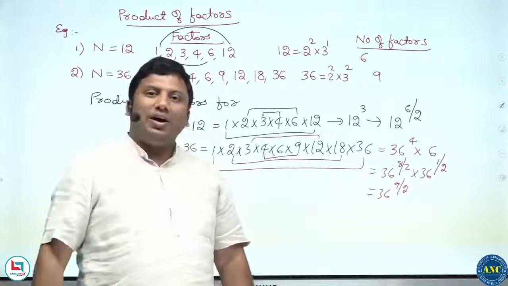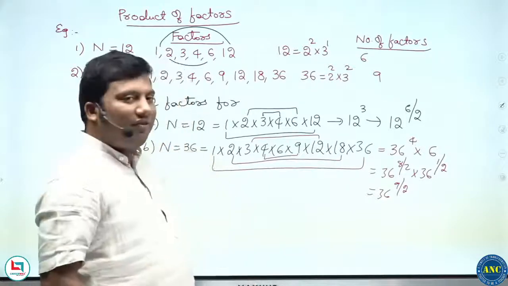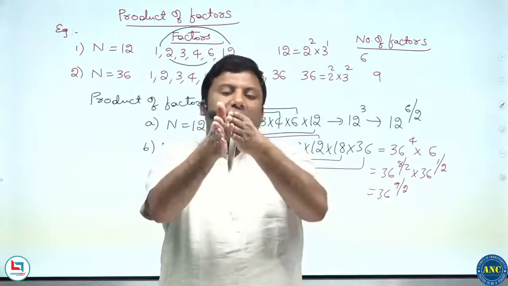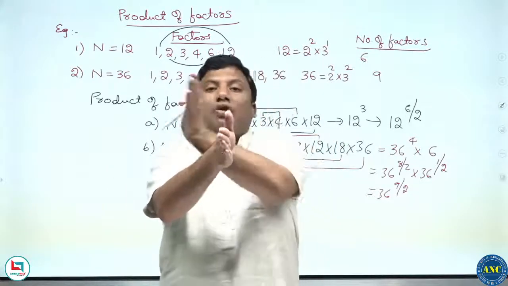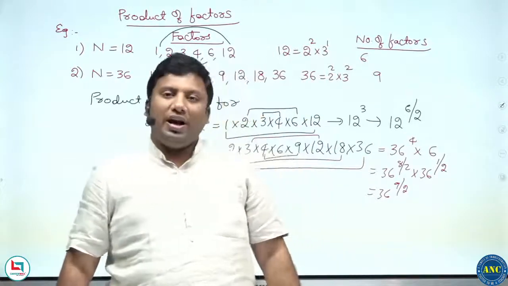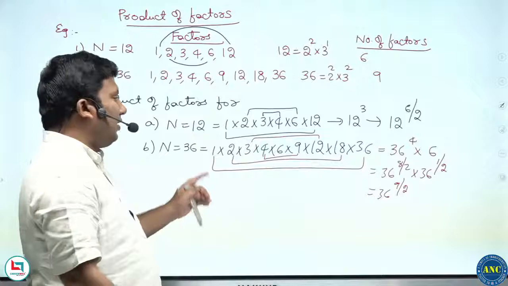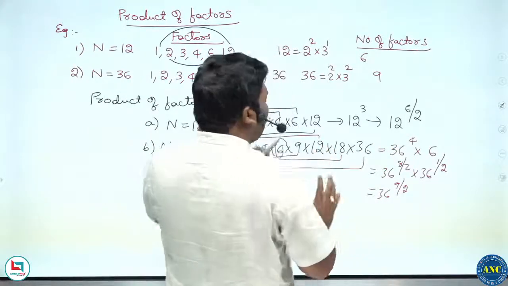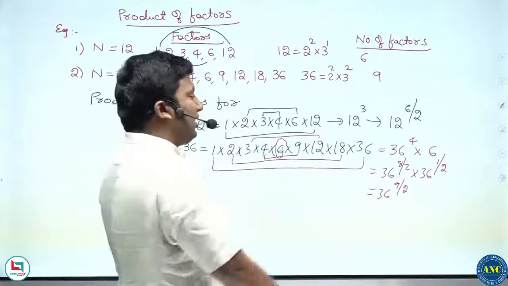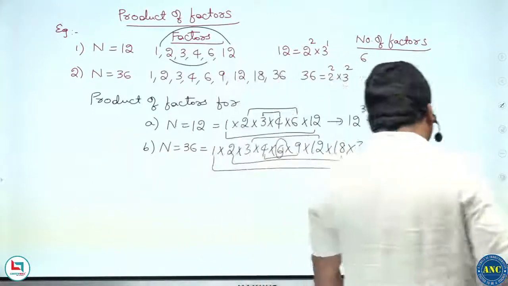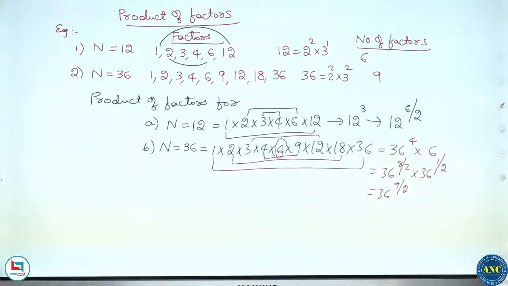A perfect square always has an odd number of factors. 9 factors are there: 4 left side, 4 right side. This 4 is multiplied by this 4 to get the product as the number. That is the reason for 36 power 4. The middle number is root n, which is 6. 6 can be written as 36 power 1 by 2. 8 by 2 plus 1 by 2 is 9 by 2.